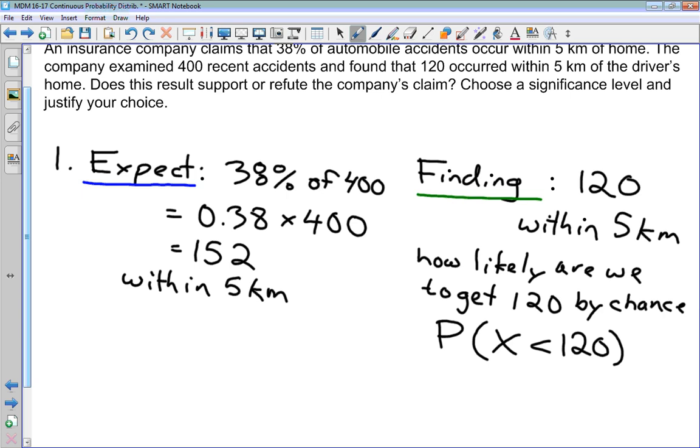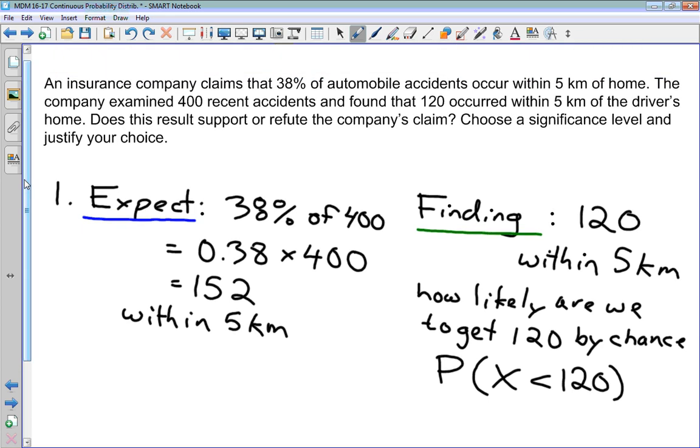Number 2 is our significance level here. They don't give us a significance level, so we're going to have to pick one. We are going to pick 5% as our significance level. That corresponds to a confidence level of 95%.